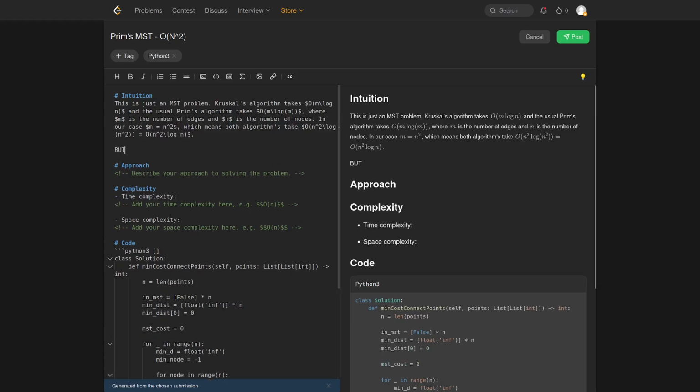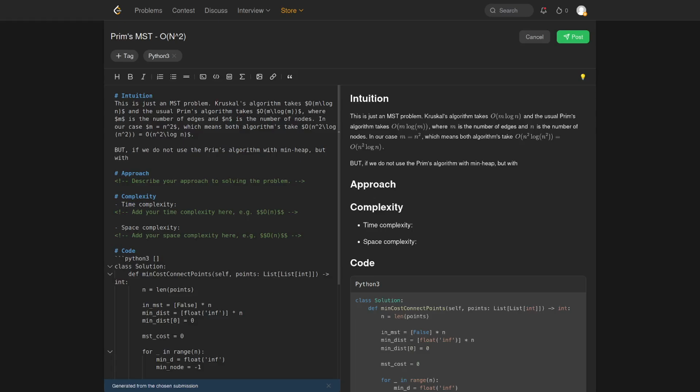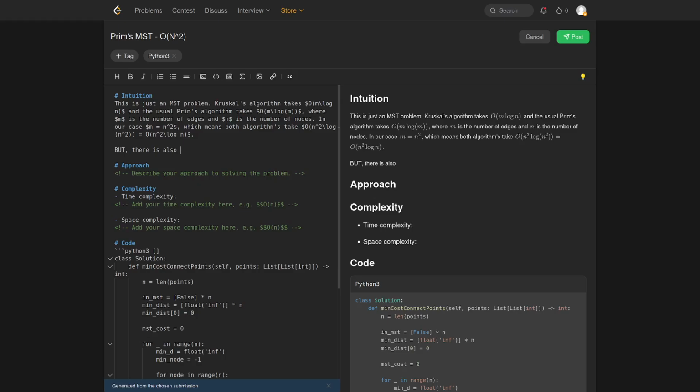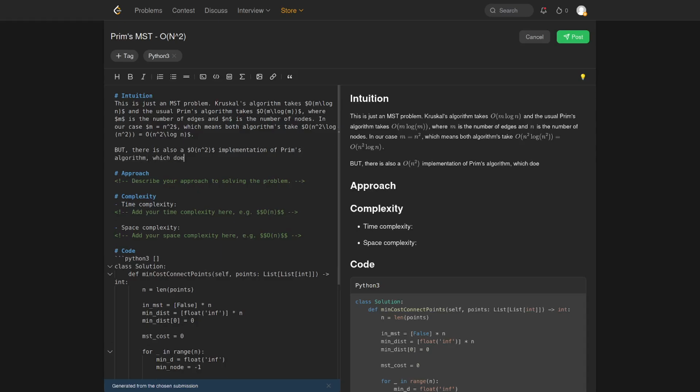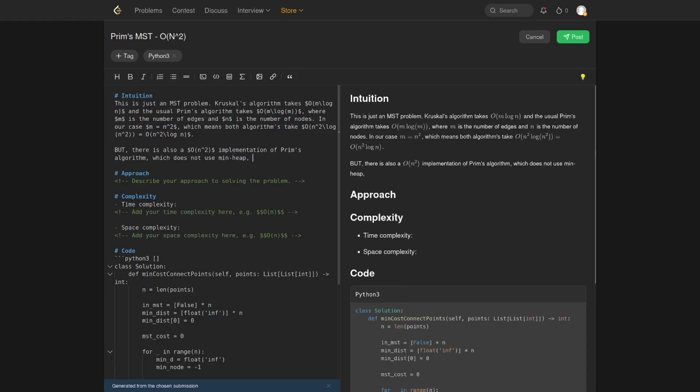Okay, but if we do not use a min heap, the Prim's algorithm with a min heap, but there is also an n squared implementation of Prim's algorithm, which does not use a min heap.